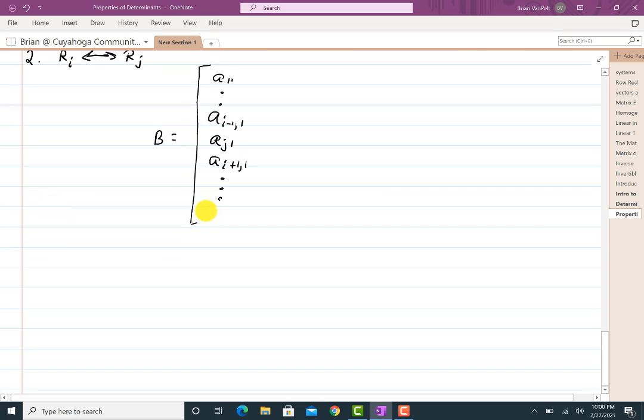When I get to row J, before I get to J, I'll have A(J-1),1, and then I'll have A(J+1),1, and in between, I will have AI1, and then A(J+1),1, and the rest will be the same. So then we will get down to AN1. Now let me go ahead and make this thing much bigger so I can encapsulate everything in it.